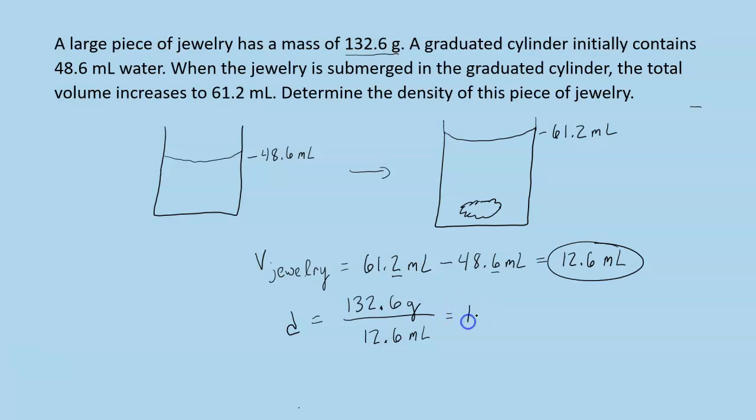And our final answer, again, we want the least number of digits, which from the volume is 3. So we get 10.5 grams per milliliter. Notice how none of the units cancel out when we're calculating density. We have to keep the gram and the milliliter.